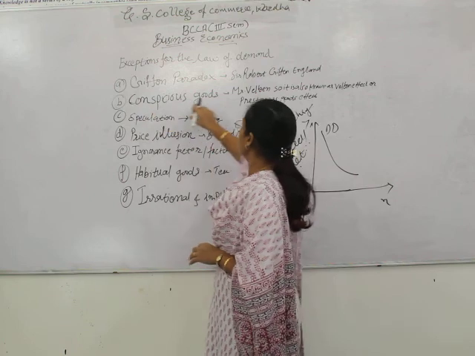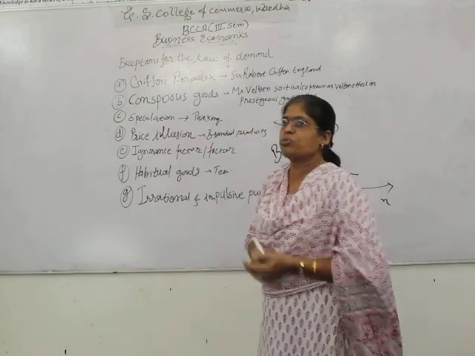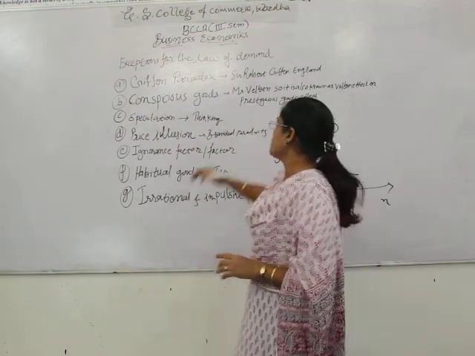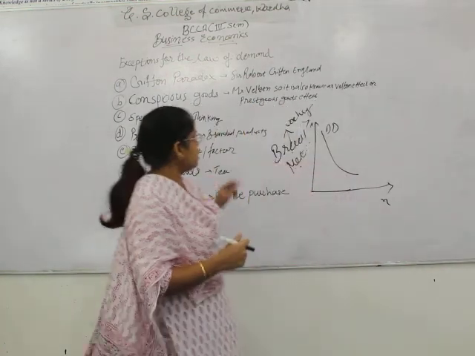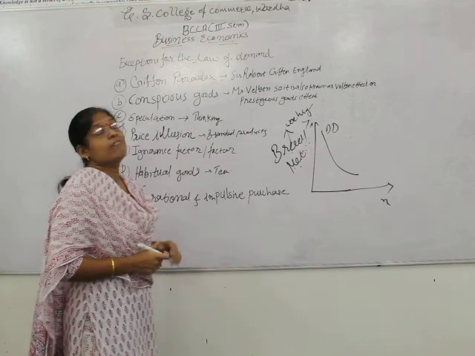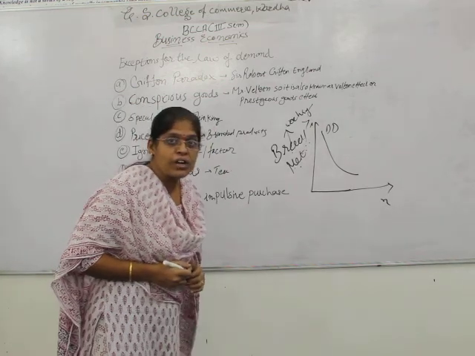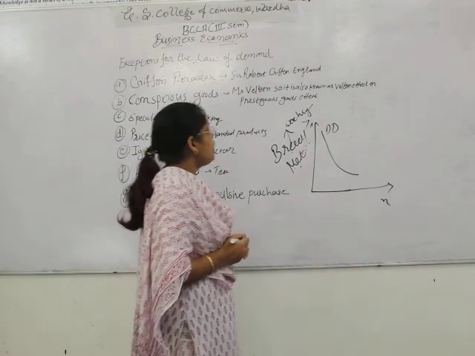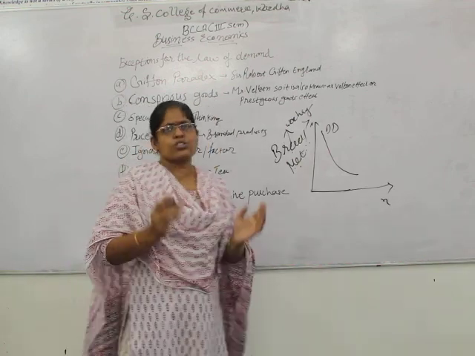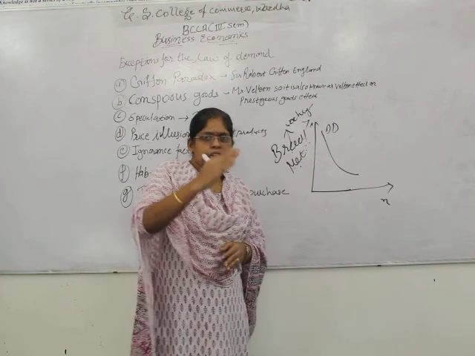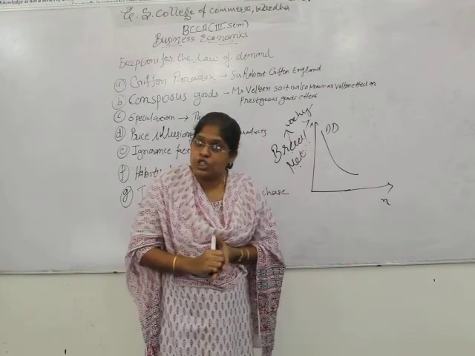Second is conspicuous goods. This concept was given by Mr. Veblen, so this exception is also known as the Veblen effect, or prestigious goods effect. In society, there are poor people, middle class people and rich people.